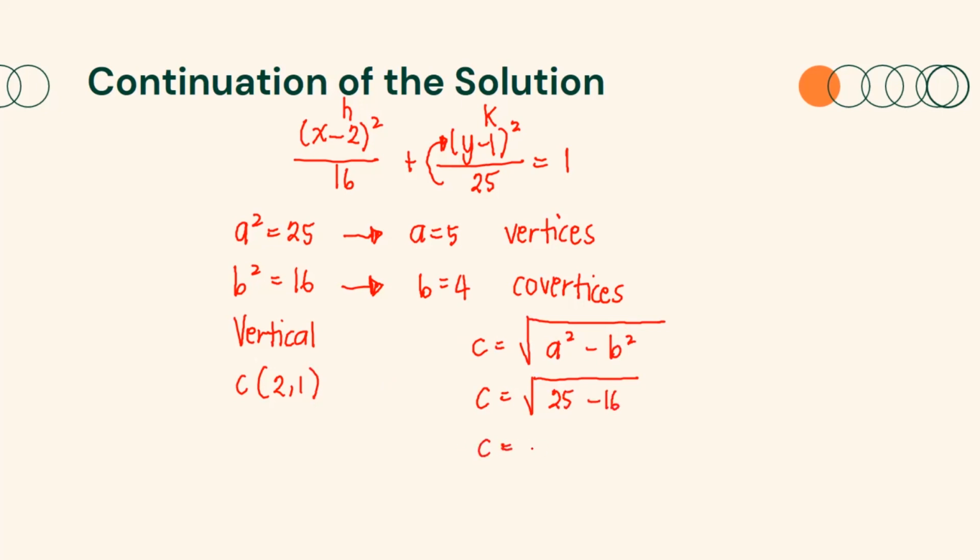So we will have square root of 9, which is 3. Therefore, the foci are 3 units away from the center. Since we already have the center, orientation, values of a, b, and c, we can now determine the other elements of the ellipse by graphing.